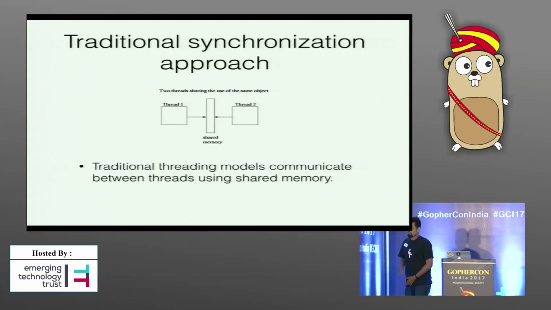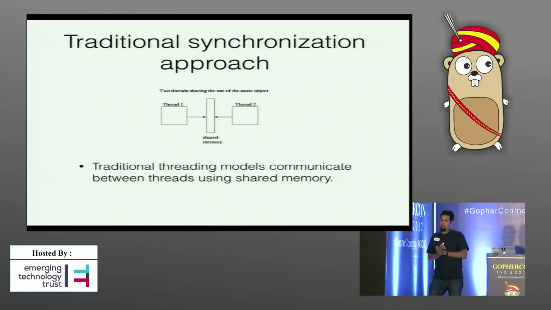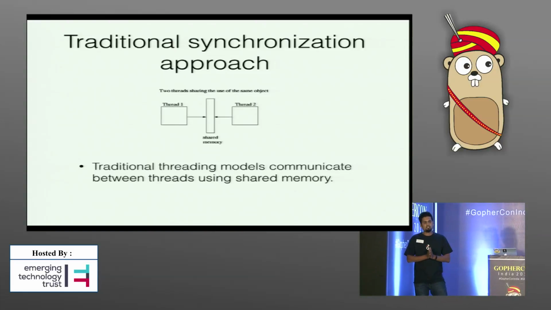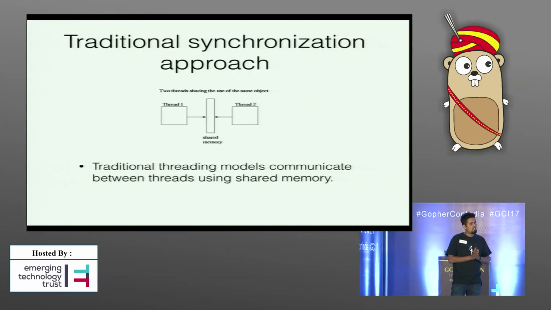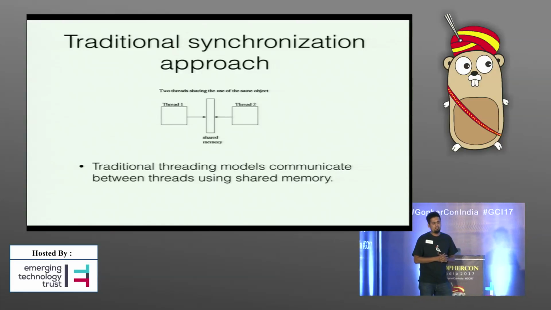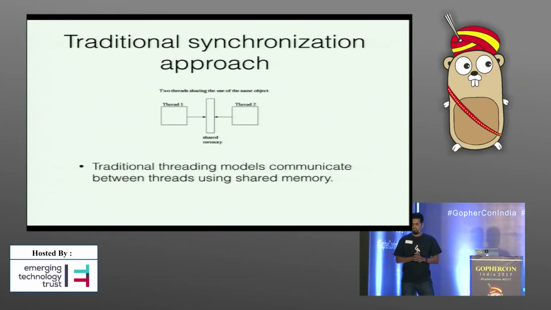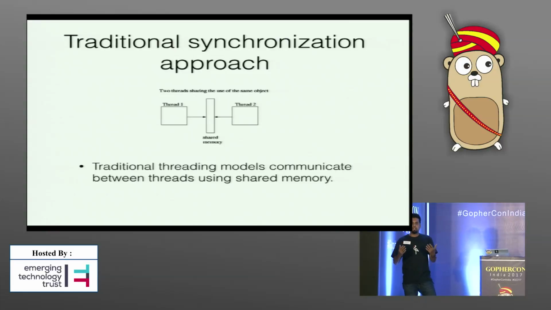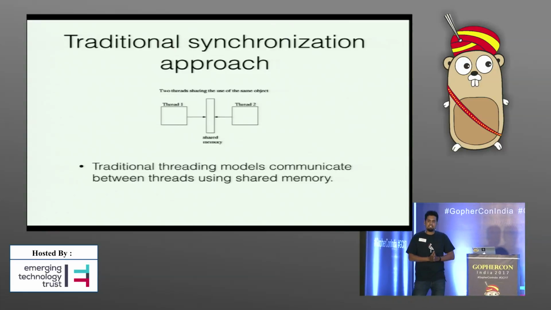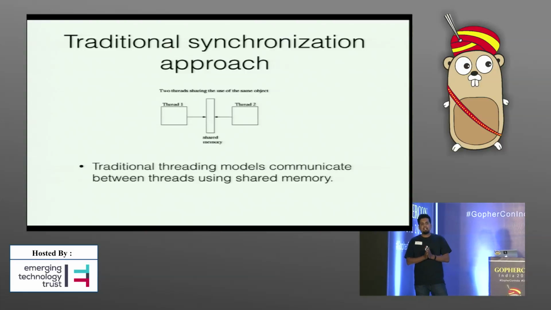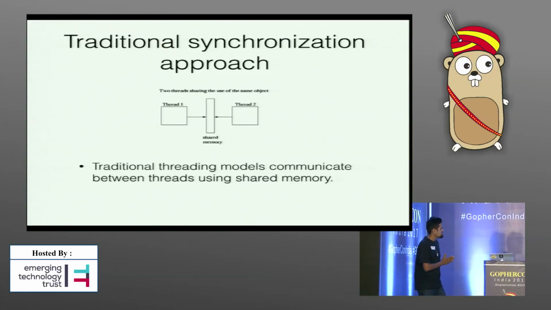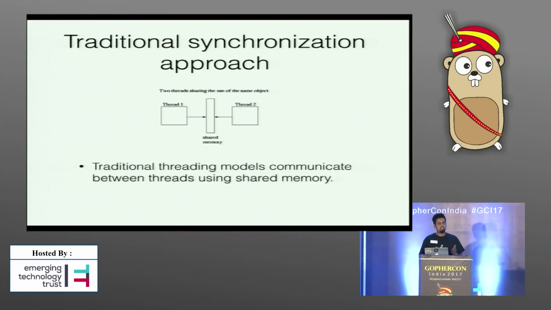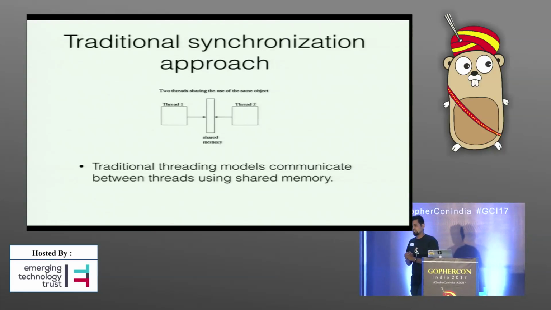Okay. Now we know how synchronization in parallel programming works. What is the synchronization model? In the traditional programming approach, synchronization is done by shared memory, right? There's a memory which is shared across multiple threads and they have access to it. The access to the shared memory is controlled and made safer using locks. But Go has a different approach to synchronization using Go routines and channels.